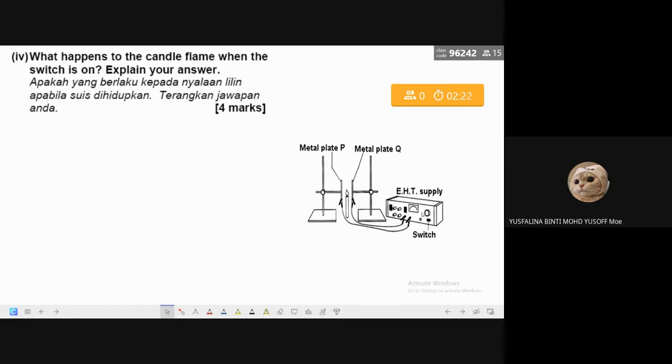Let's say you don't know how to explain it in full sentences, or you cannot explain it in 4 marks. Just write whichever you can, and at least you can get 1 or 2 marks, it's okay.